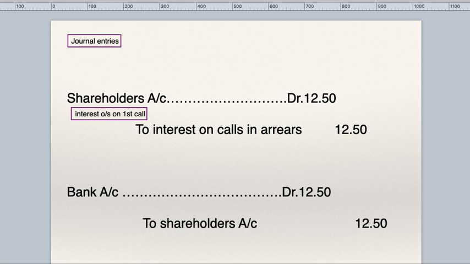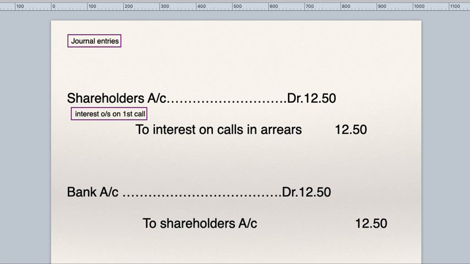The shareholder has cleared it with final call. So interest is to be calculated only for 1 month, that is from 31st July to 30th of August. But in the book they have calculated for 2 months. They have calculated 25 rupees, which is not correct. It is only for 1 month.